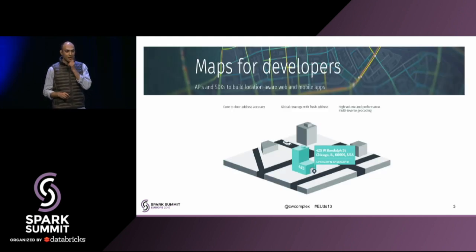So I should talk a bit about the company as background. I work for Here Technologies. We're best known as a maps company that's been around a long time in digital maps, at least 30 years or so, in various incarnations.